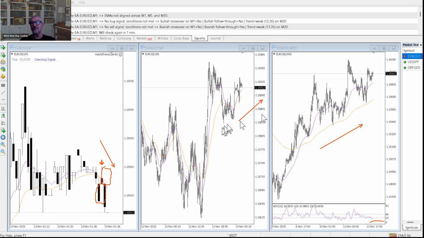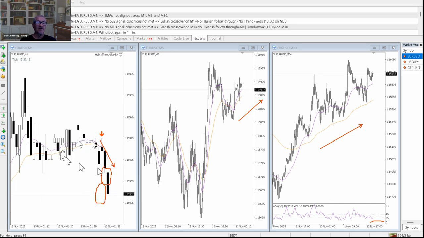That's why you also don't get the trading signal because it's not matching up. And even if it was, you still would not get the trading signal for the mere fact that the EMAs are not aligned.